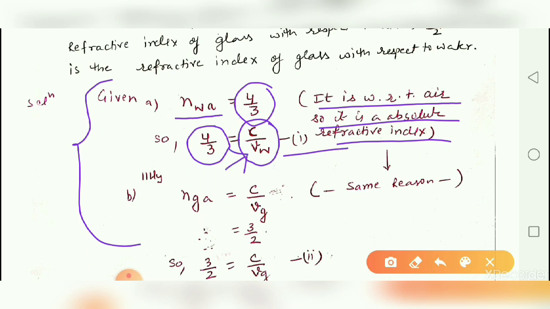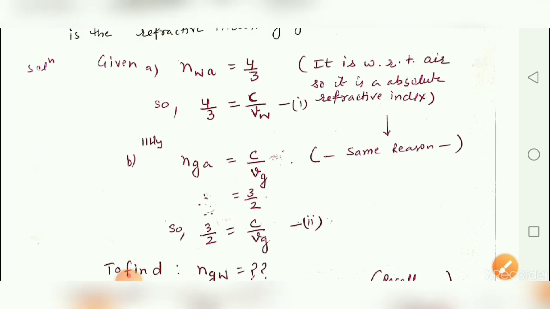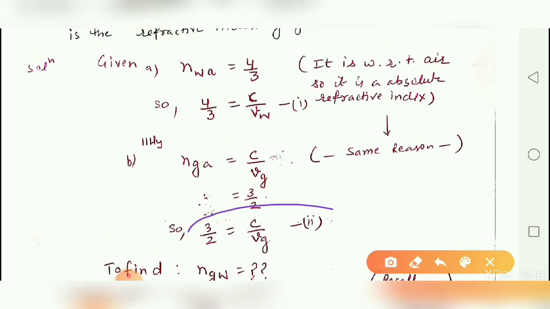This is our equation 1. Similarly, we will write for the refractive index of glass with respect to air as C upon Vg, and its value is 3 upon 2. This is our equation 2.